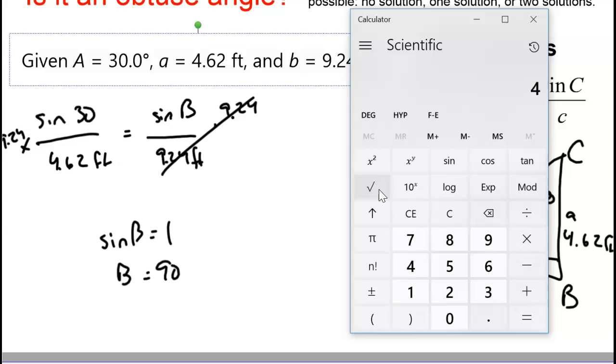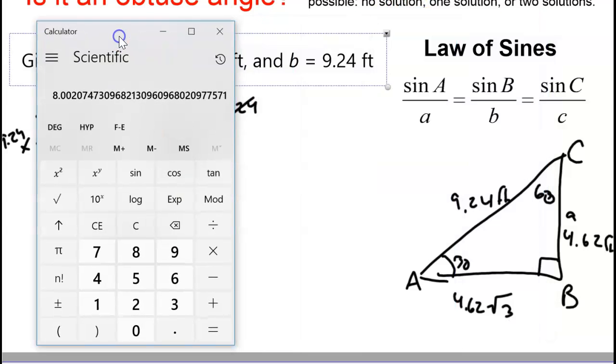Okay. 4.62 times 3 square root, close parentheses, equals 8. And so that means that C, which is down here, so side C equals 8 feet.